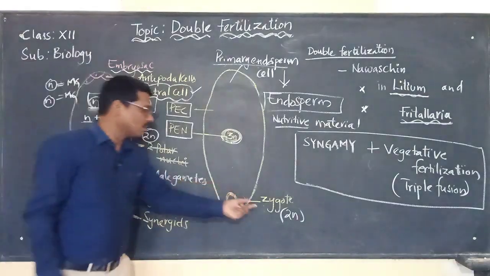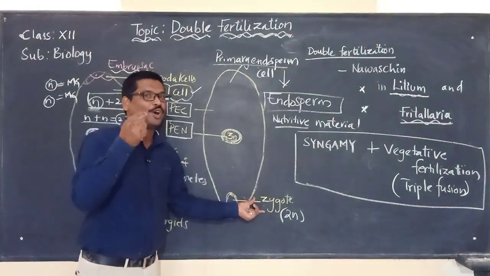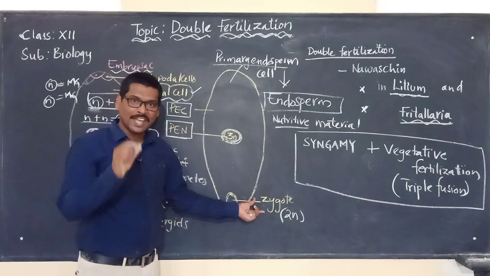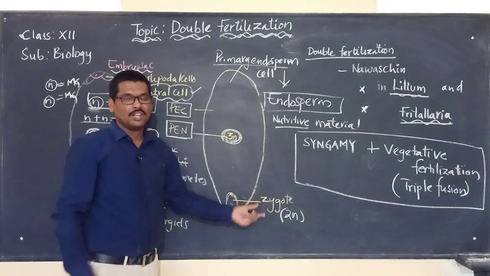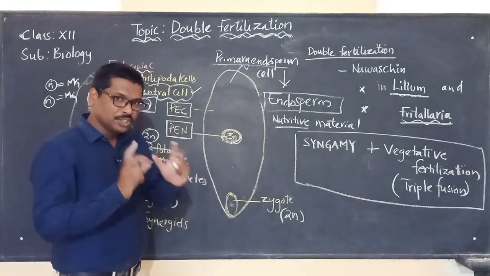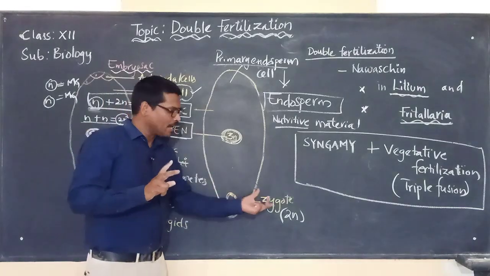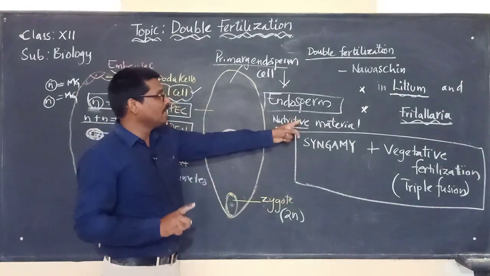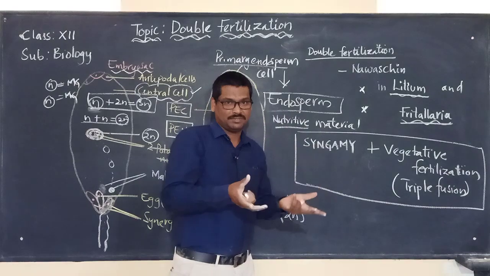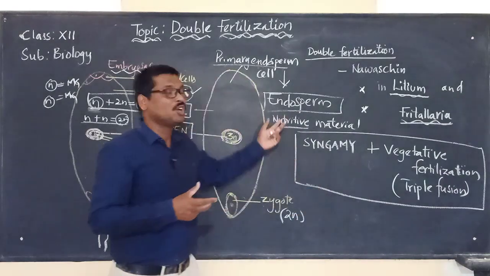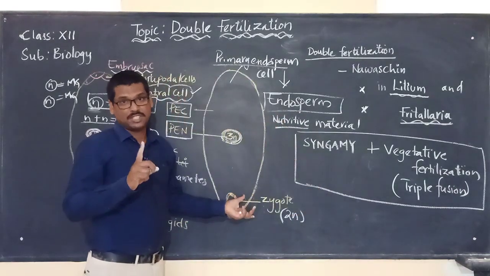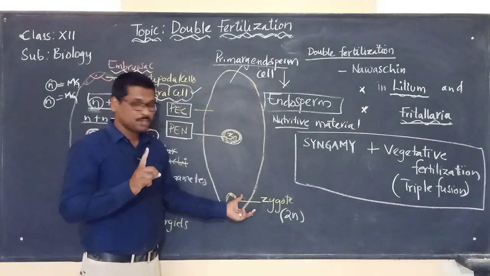And we already said the zygote is in a dormant stage. Once it ensures that fertilization has occurred and the zygote is formed, only then will the endosperm be formed. We have to keep this point in mind.